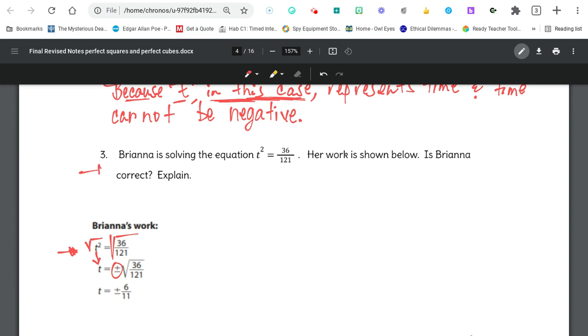This is a completely different case. She's just working a regular math problem. It does not give us a representation for T. We don't know what T represents. This is just a regular equation. So she is correct because whenever you have a square in a regular equation, you put plus or minus.